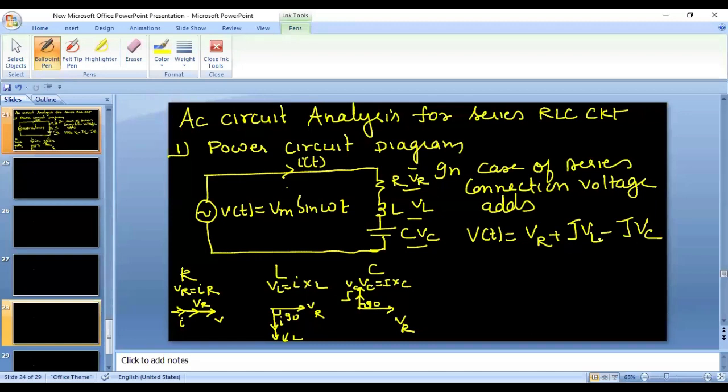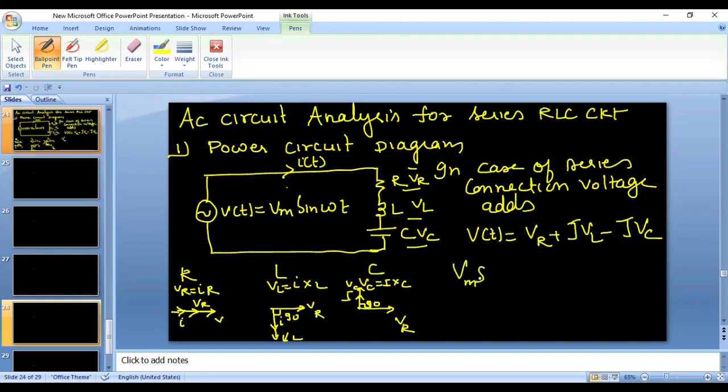It means we are rotating the vector VL by 90 degrees in the anti-clockwise direction, and minus jVC means we are rotating the vector VC by 90 degrees in the clockwise direction. So j represents the rotation of 90 degrees anti-clockwise, and minus j represents the rotation in the clockwise direction. That's why plus j and minus j come into the picture.